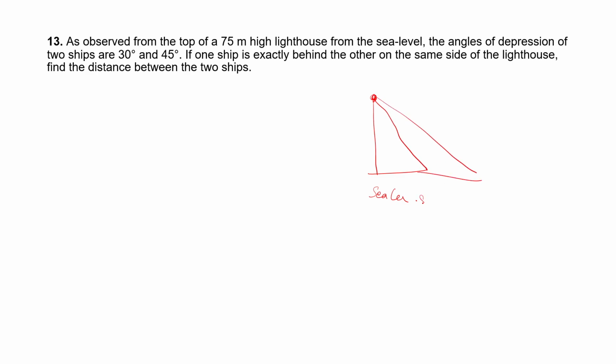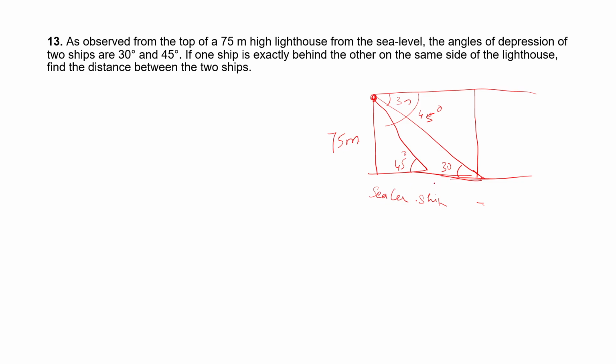The angles of depression from the top are 30 degree and 45 degree. Between two parallel lines, the alternate angles will be equal, so this will be 30 and this will be 45. The height of the tower is 75 meter.